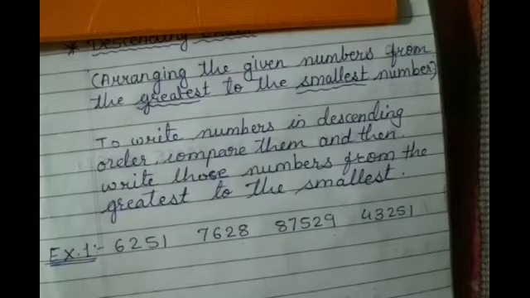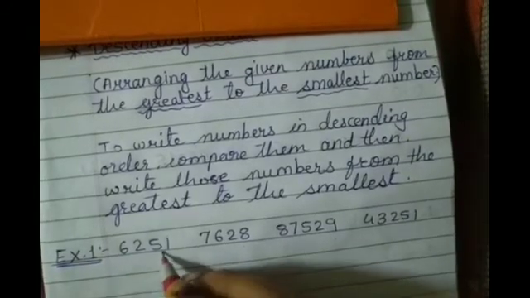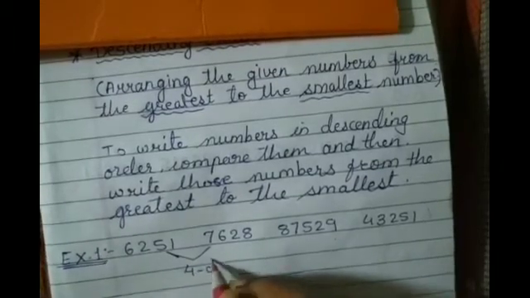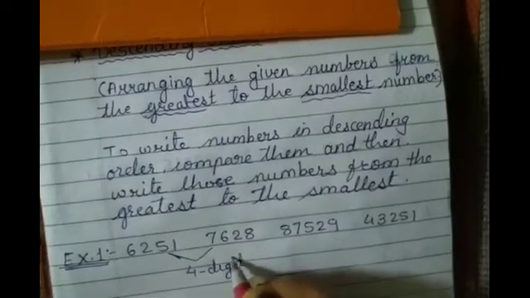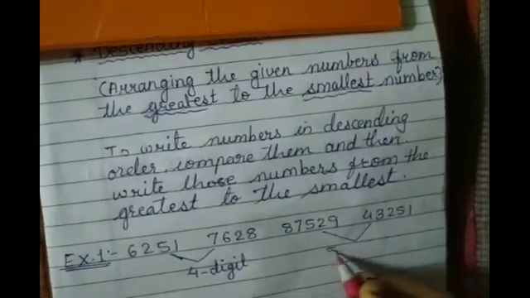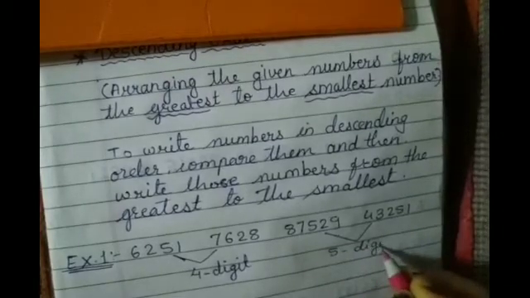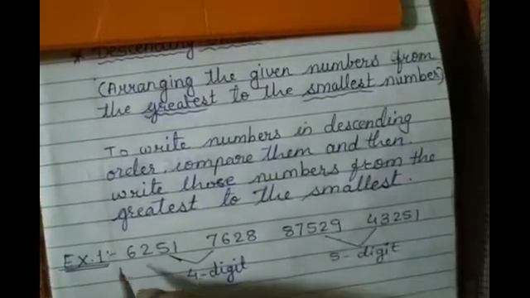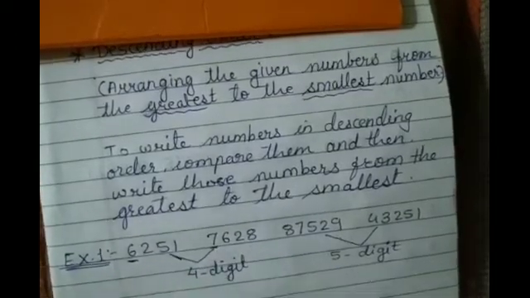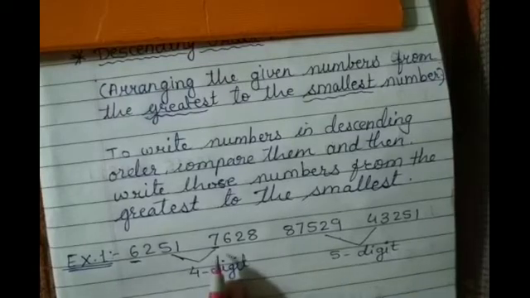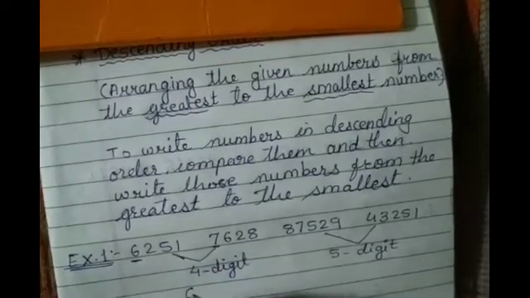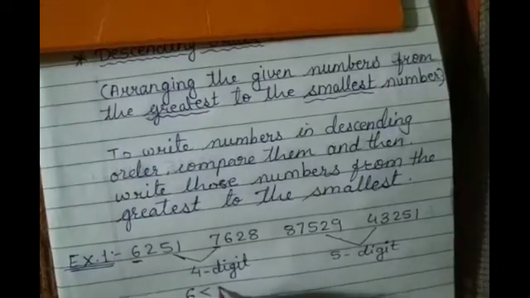Now here we can see that the first two numbers are 4-digit numbers. We will compare first the digits. The next two numbers are 5-digit numbers. So we'll see first which number is at the thousands place. Here it is 6, and in the next number it is 7. So 6 is smaller than 7.